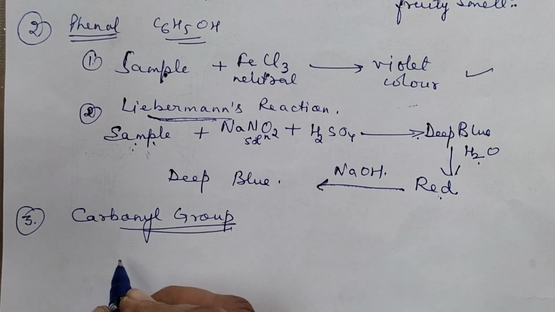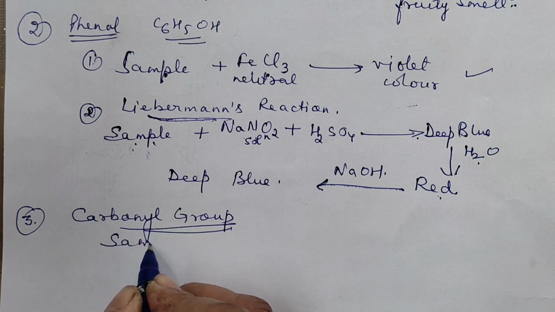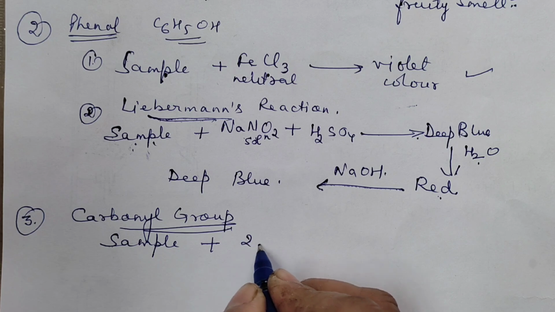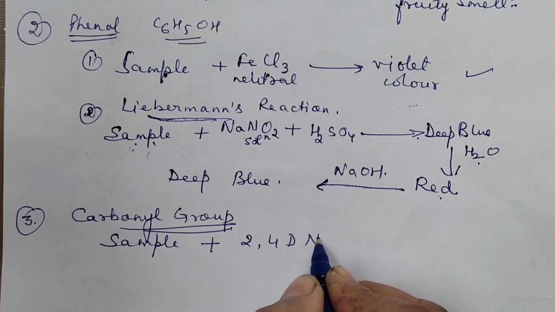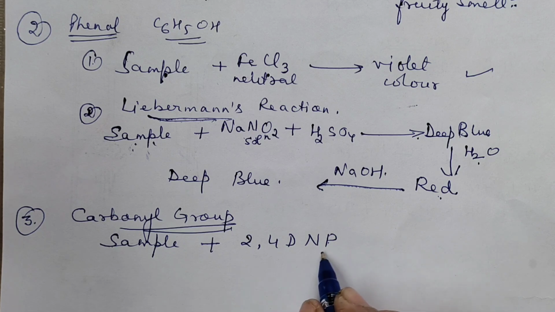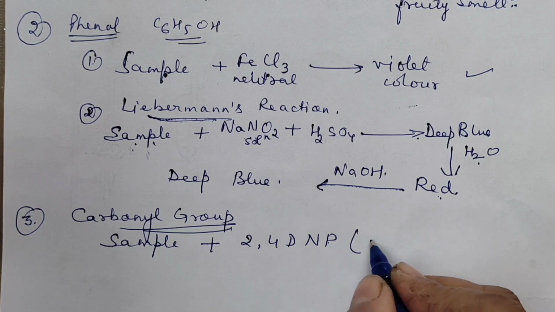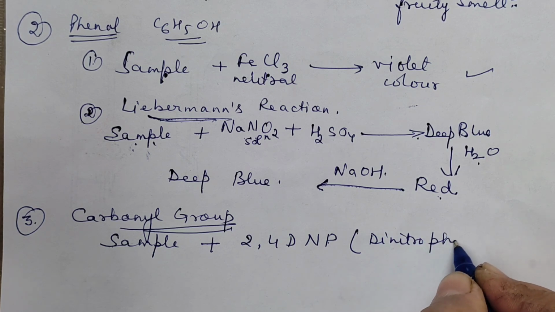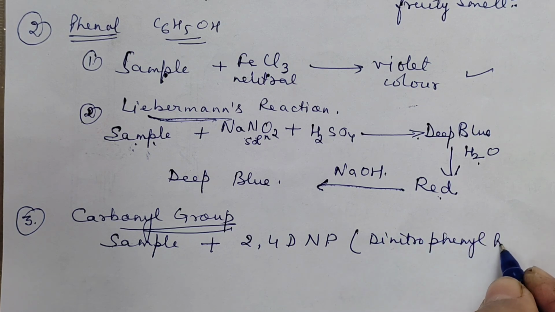Right, so how you do this is, you take sample plus 2,4-dinitrophenylhydrazine. Do not make a mistake in this naming. It is 2,4-dinitrophenylhydrazine.